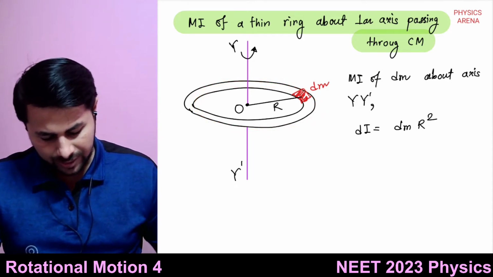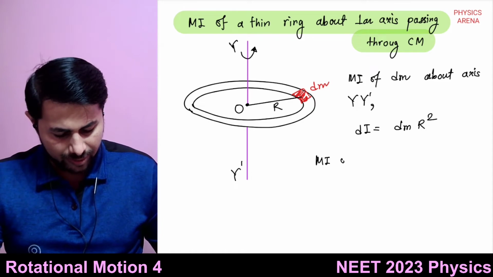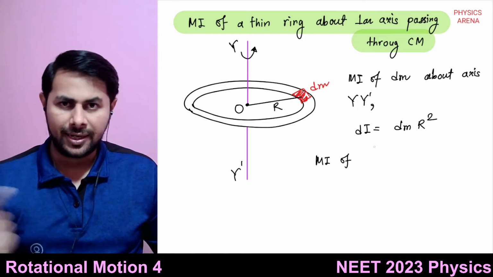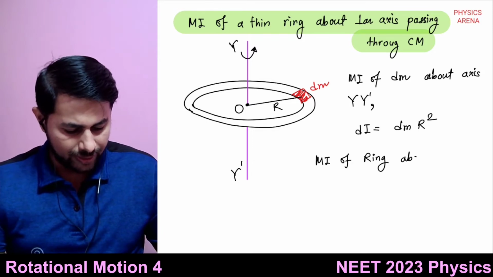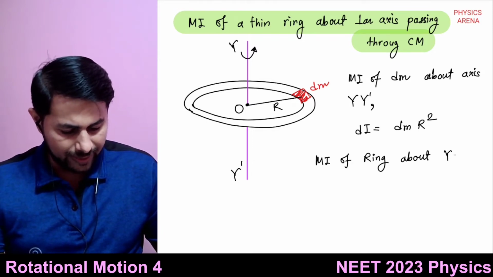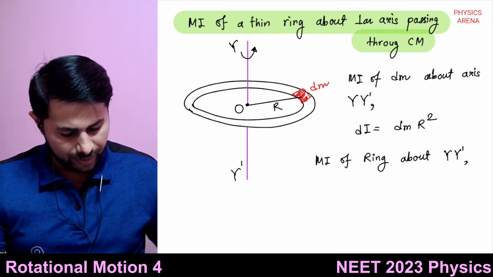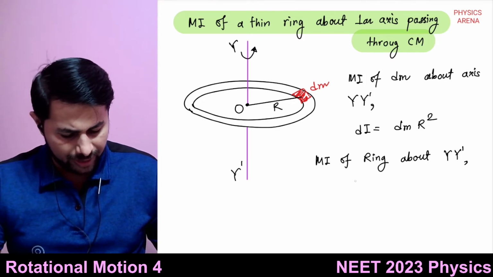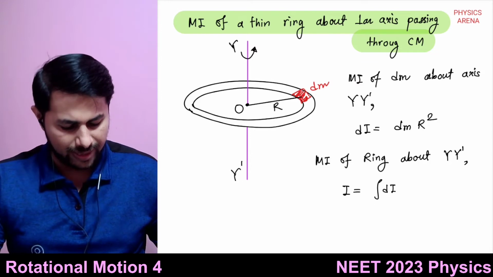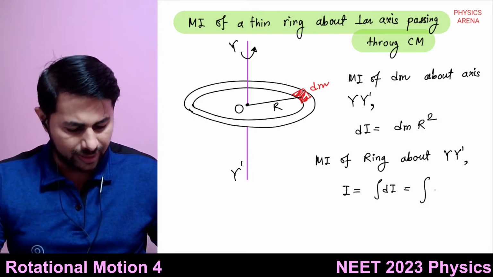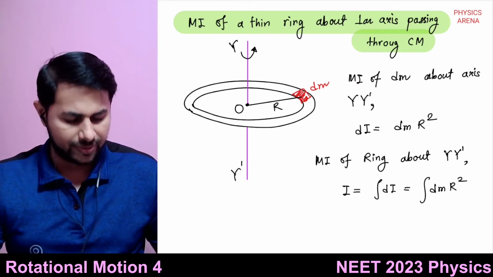And then how much would be the moment of inertia of this ring about the same axis? The moment of inertia of the entire ring about y prime will be the integral of dI. I equals integral of dI, that is integral of dm into r square.